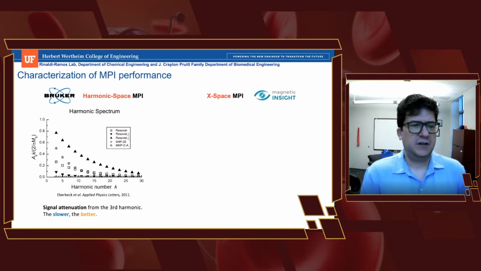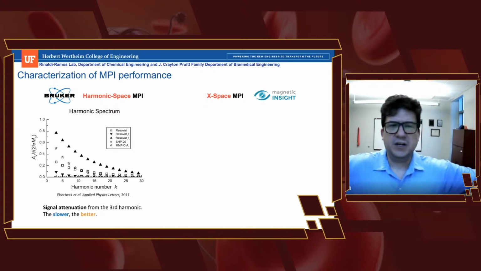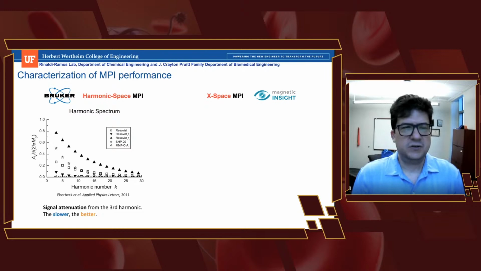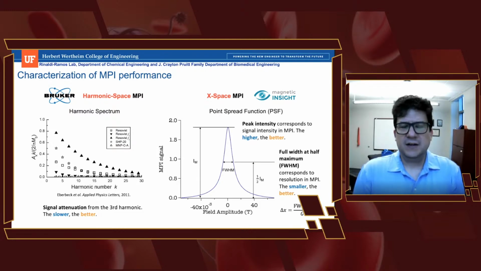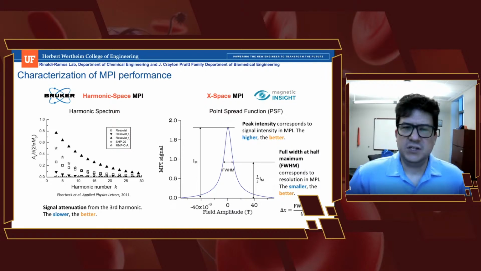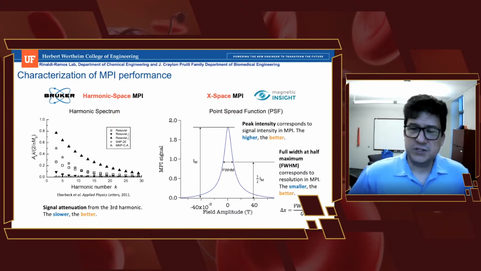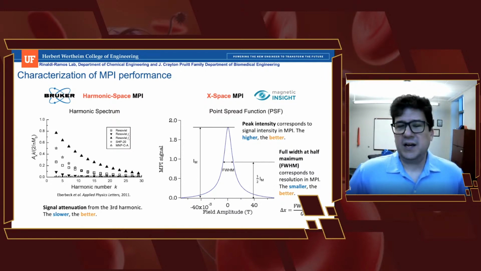We're interested in signal attenuation from the third harmonic, and slower attenuation means a better tracer. In X-space MPI, we typically look at a point spread function. For the point spread function, the peak intensity corresponds to signal intensity in the machine, so the higher the better, the more sensitive. And then the full width at half maximum corresponds to resolution in MPI, and the smaller the better.